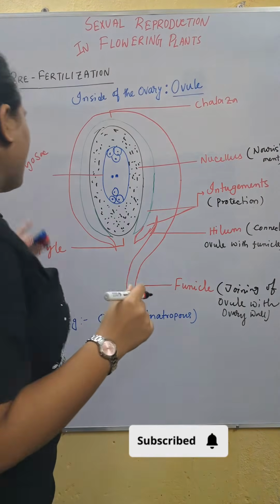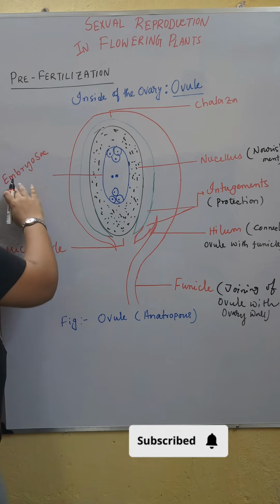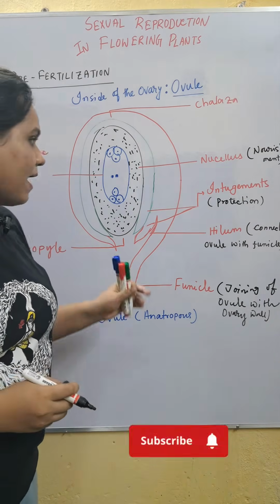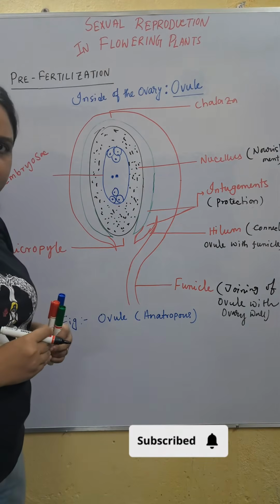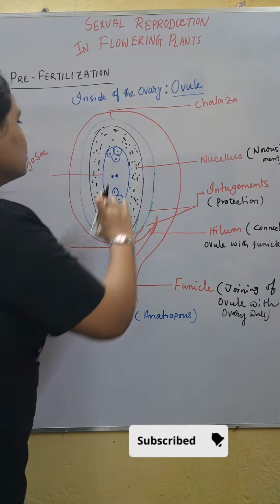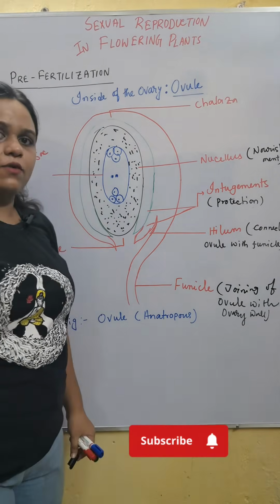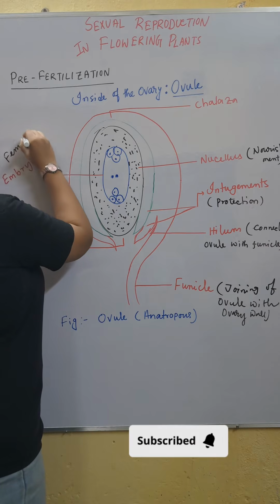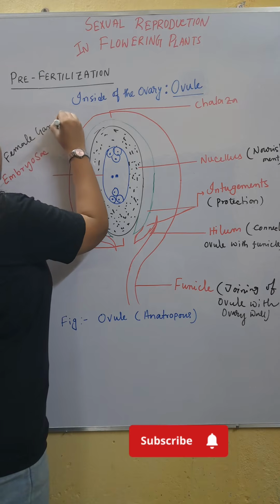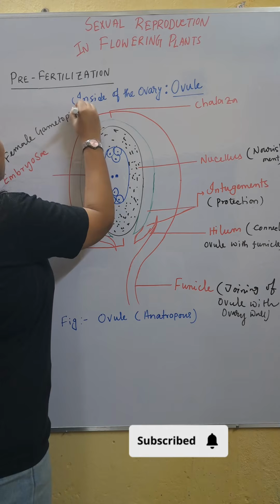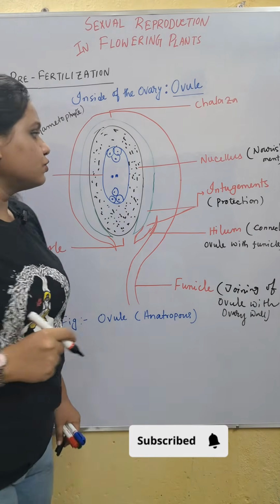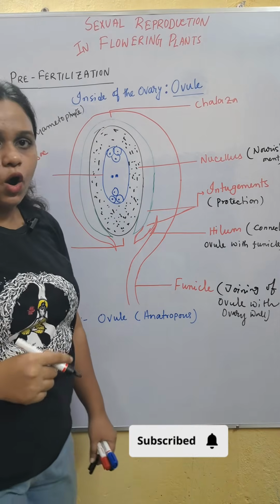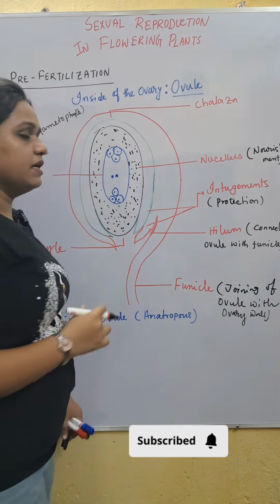Now, I have also written here embryo sac. The embryo sac is the main part that the ovule is protecting, or that the ovule is made for. It is also known as the female gametophyte, which is made of different nuclei and cells.